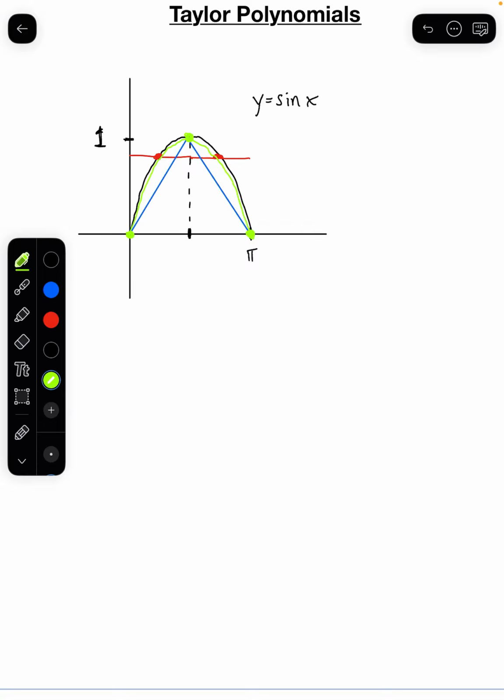This concept is what's going to give us the idea of what is called a Taylor polynomial.